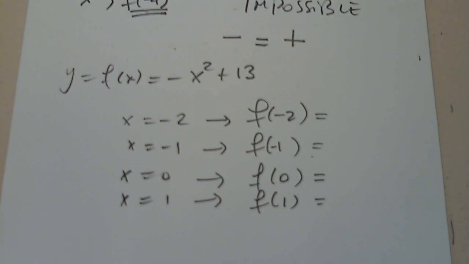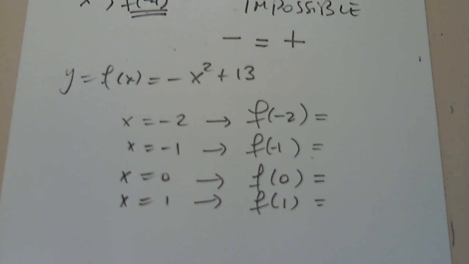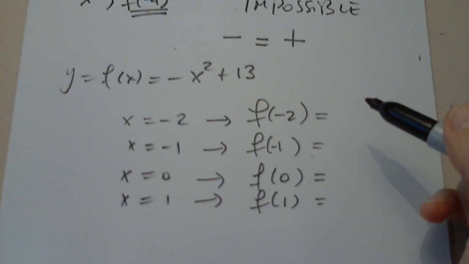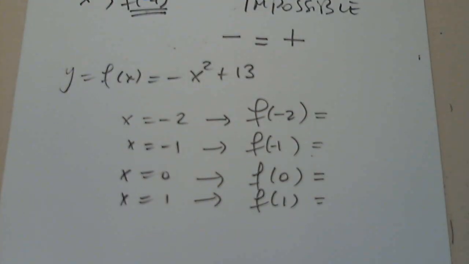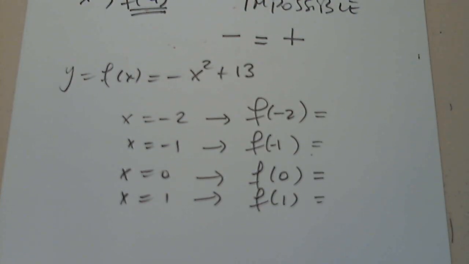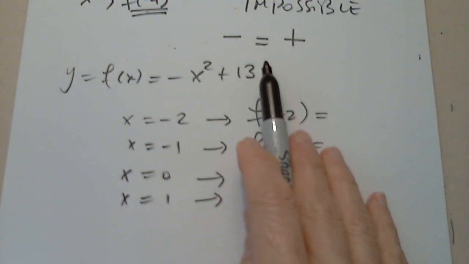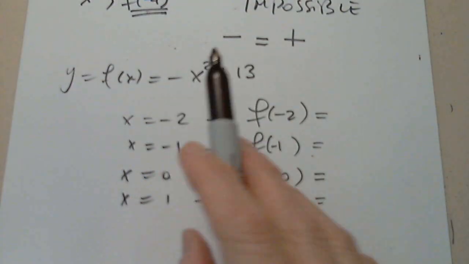F of -2. -2 squared is 4, with minus in front is -4. 13 minus 4 is 9.